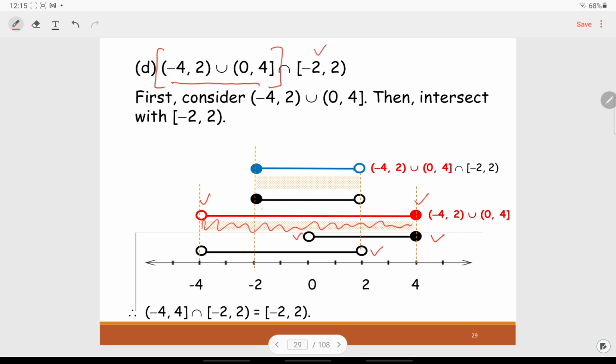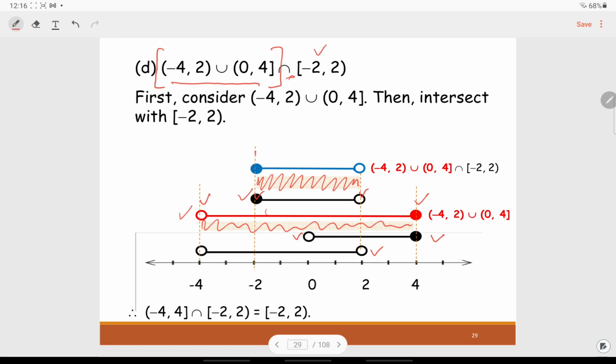Next is to consider the third interval. The third interval is from closed -2 up to open 2, and the operation is intersection. That means the area covered by both lines. We have this area, covered by this interval and also covered by this interval.